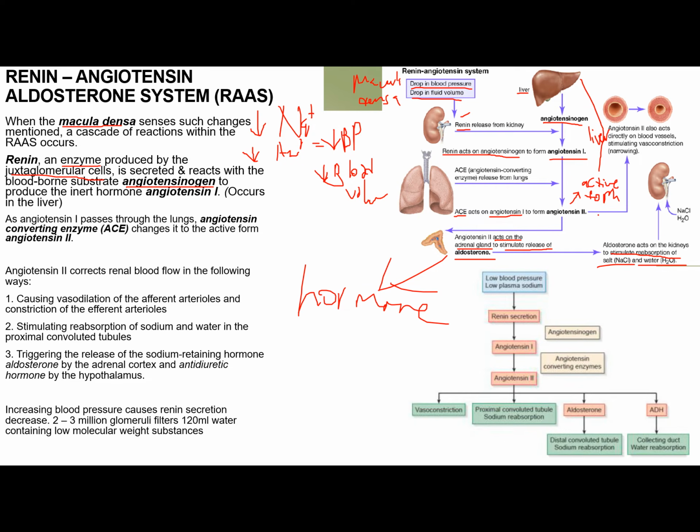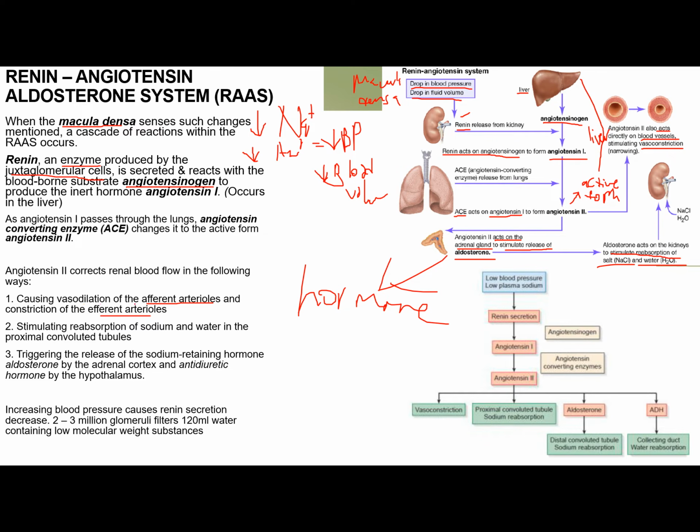Okay? The second thing that angiotensin 2 does is that it would act on the blood vessels, stimulating vasoconstriction. So it causes vasoconstriction in the efferent arteriole and vasodilation in the afferent arteriole. So that is what it does. These correct the renal blood flow.